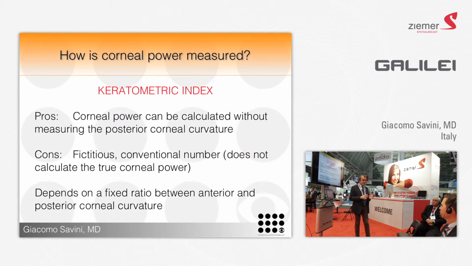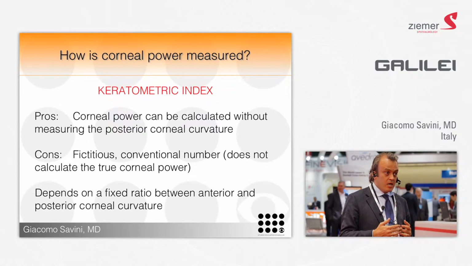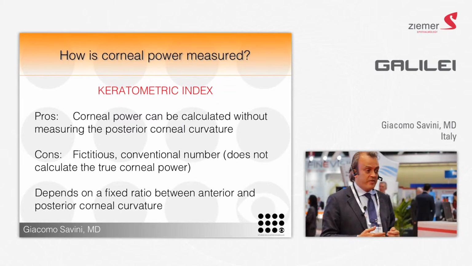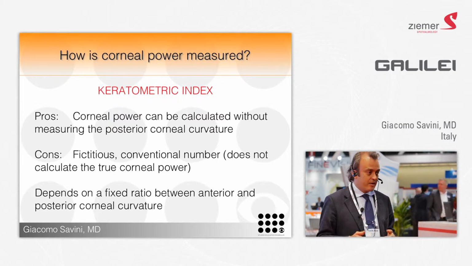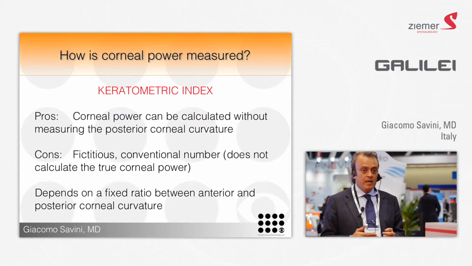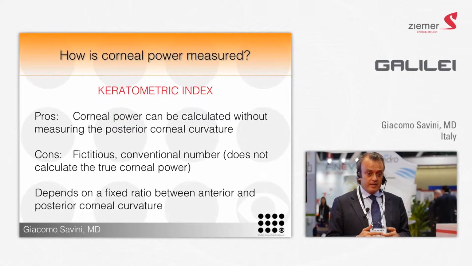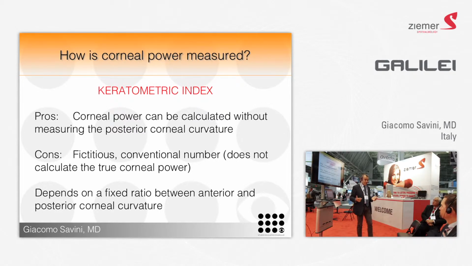So this is an advantage, but the problem is that it's not true, because it also depends on a fixed ratio between the anterior and posterior corneal curvature. If you change this ratio with LASIK, PRK, RK, or whatever you want, the keratometric index becomes no longer valid.